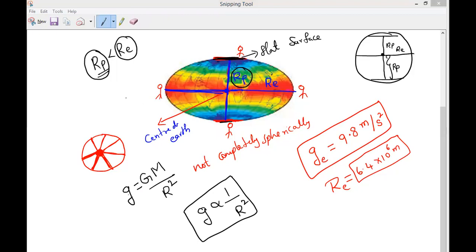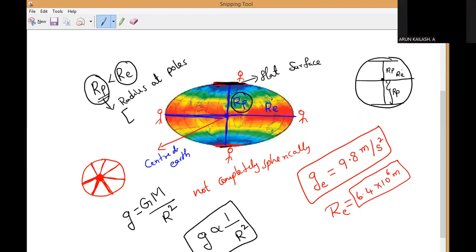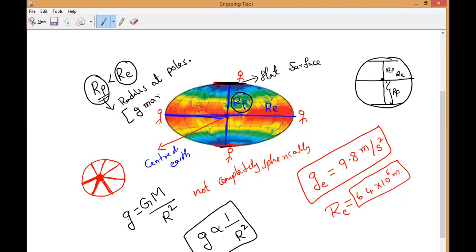Now, if RP is smaller, is the g value maximum or minimum? If RP, the radius at the poles, is minimum, then is g maximum or minimum? That is what I am asking. Mr. Arun Kailash, radius at the poles is minimum, so g value is maximum or minimum, Mitakshri? g is maximum, sir. Maximum.